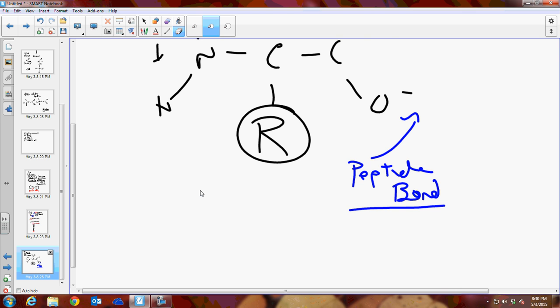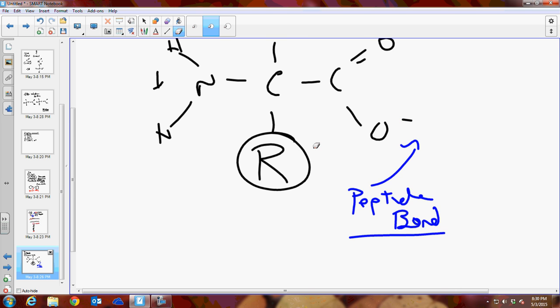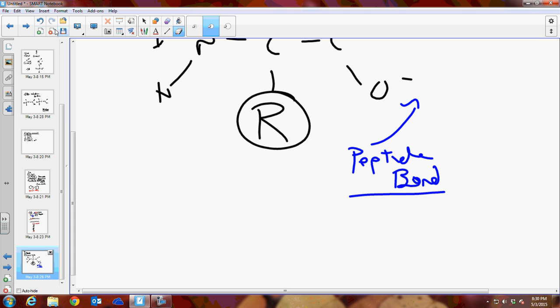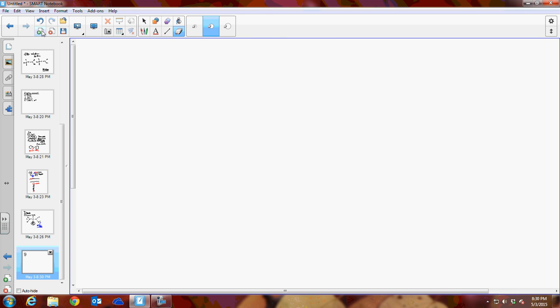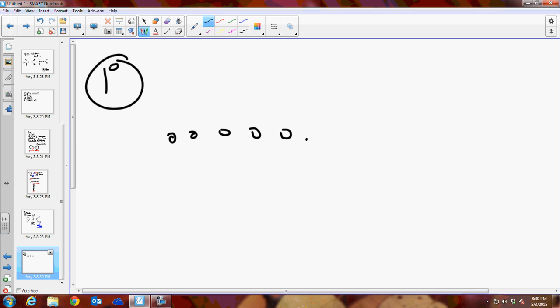Now back to proteins. Again, they're formed by these peptide bonds, and proteins will make, for their primary structure, these little chains, where each one of these little balls is an amino acid. And this is just a string of peptide bonds, so you have a polypeptide.